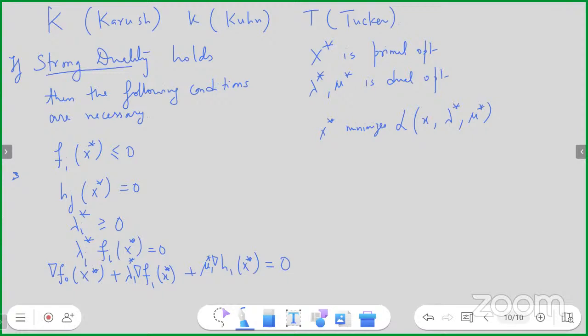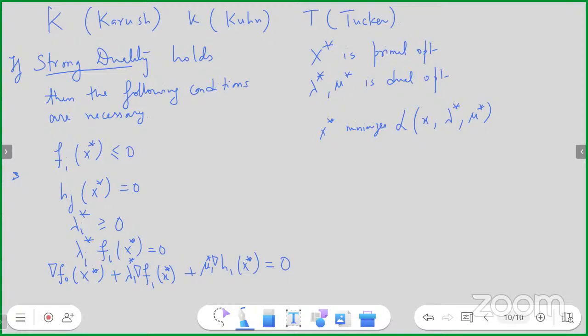Now we'll say it's sufficient to claim that strong duality holds. So if you can show for a particular problem that there exists this, then you are actually done. All you have to produce is a pair x star, lambda star, mu star, for which all these conditions are satisfied. And we'll claim that that implies you have strong duality. Okay, so anybody wants to take a crack at it?